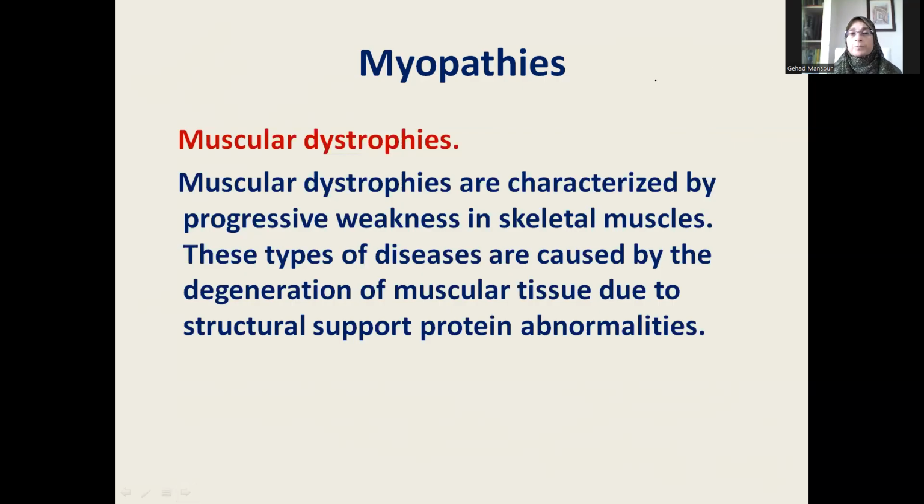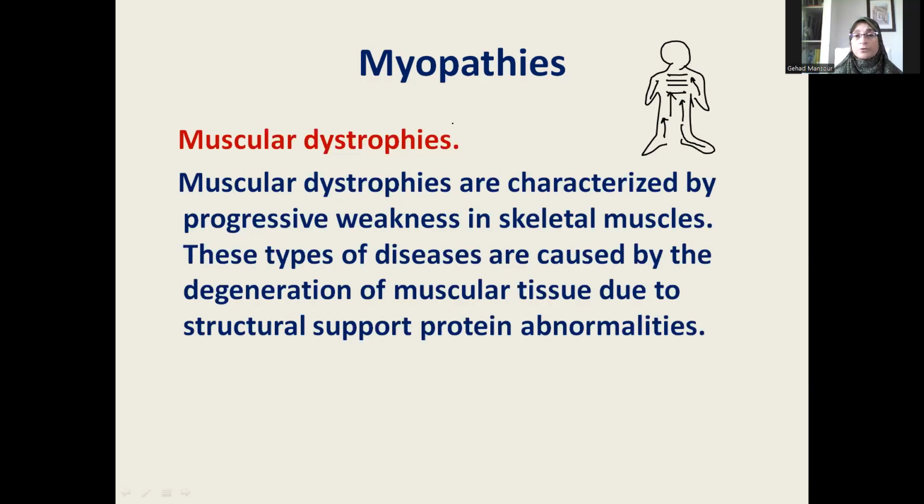For example, in some cases the disease starts in the lower limbs, so the lower limbs first become weak, and then the muscles of the trunk, and then the upper limbs, and then finally the muscles of the chest, and this is the most serious condition.